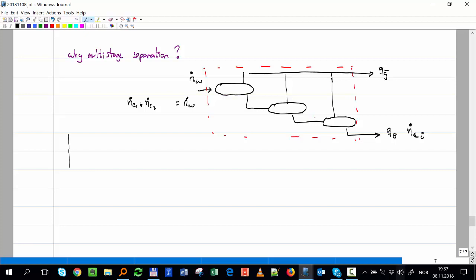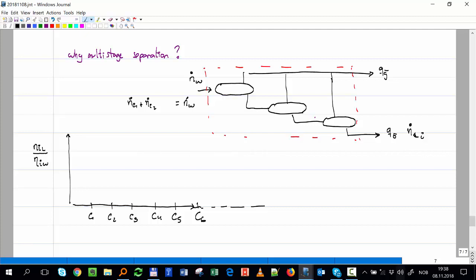So if I make the following plot, I put every component here, C1, C2, C3, C4, C5, C6, and the rest, I have many more than C6. And I'm going to plot here the ratio between the moles that are in the liquid compared to the number of moles that are in the well at the inlet.